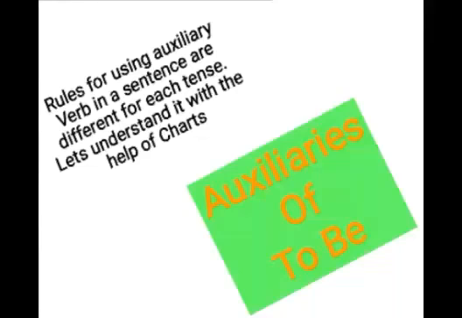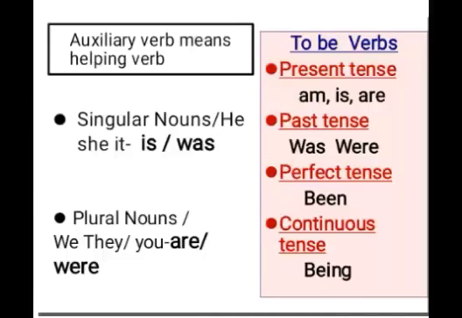Here, let's focus on to be verbs only. This helping verb is decided based on the tenses. To be verbs of present tense are am, is, are. To be verbs of past tense are was, were. Been is used for perfect tenses and being is used for continuous tenses in passive voice.